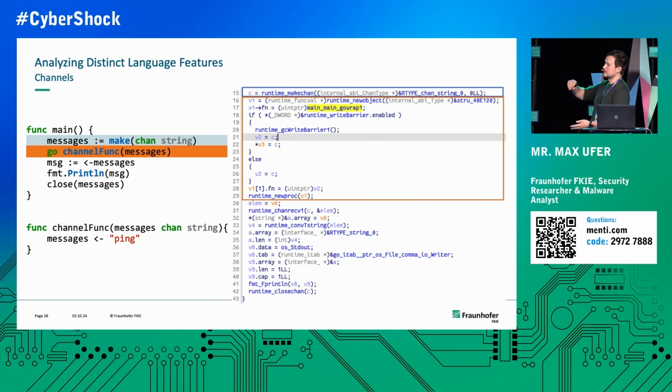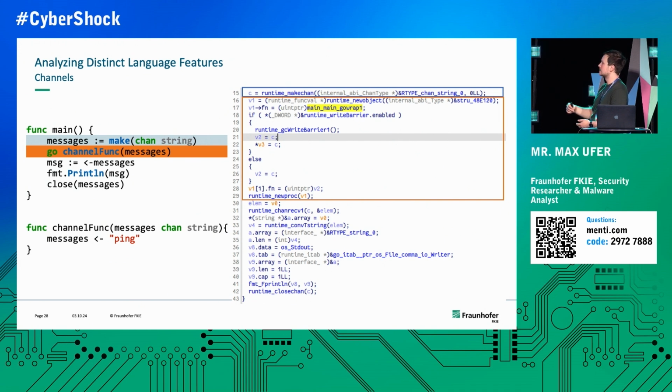Before we saw the disassembly view, this now is the decompiler view. A new object is being created, and there's first this main GoWrap function, which is being written to it, and then you will have this v2, which is written to a different offset of this object. And this object is then passed to the runtime new proc function, which actually launches the goroutine.